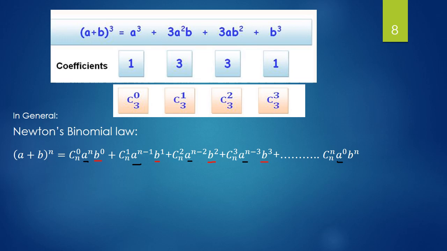The power of b increases by 1 until we get b^n. Look at the combinations. We have C(n,0), C(n,1), C(n,2), C(n,3), etc., until we reach C(n,n).